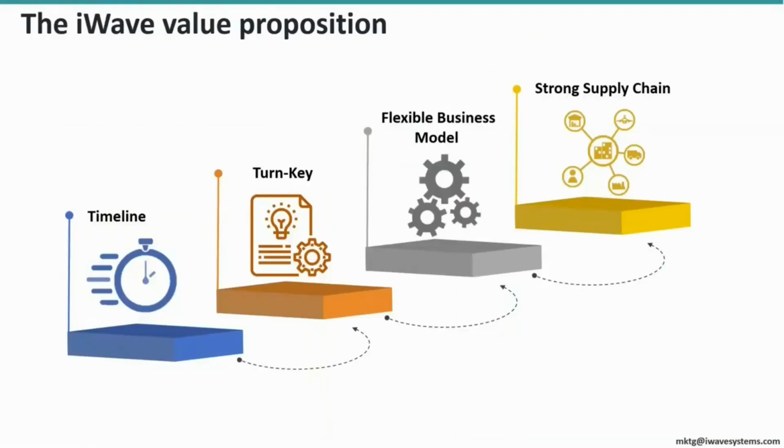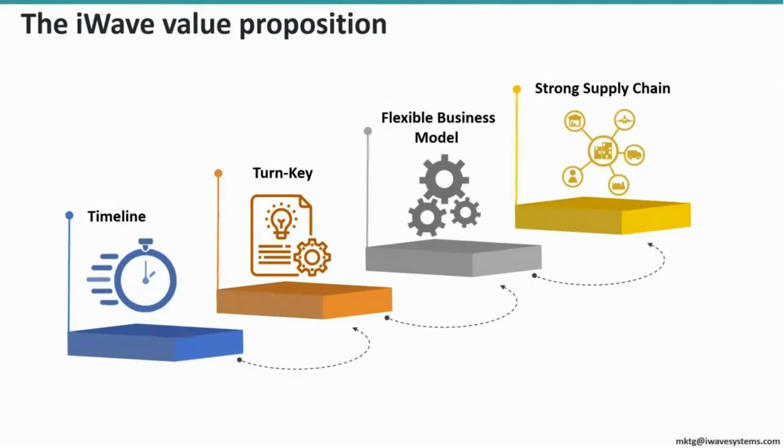And how is iWave different from our other competitors? Through a key focus on four main business pillars. The first one is timeline: how do we leverage our expertise to provide you a shorter timeline for carrier board design and product design, which can help you in quick time to market.